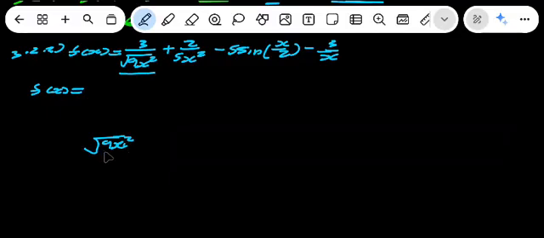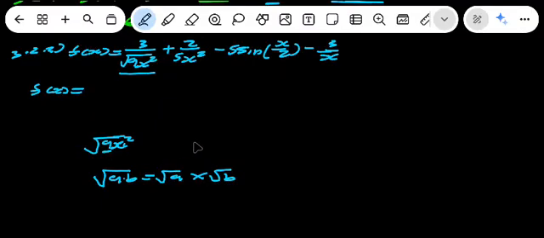Remember, it's a square. Do you know this rule that says a multiplied by b is the same as the square root of a multiplied by the square root of b? You can break it there.